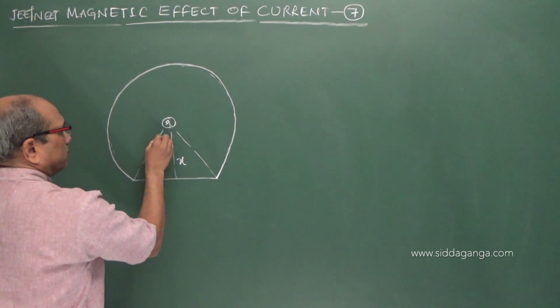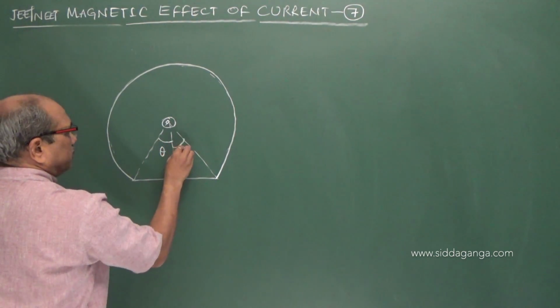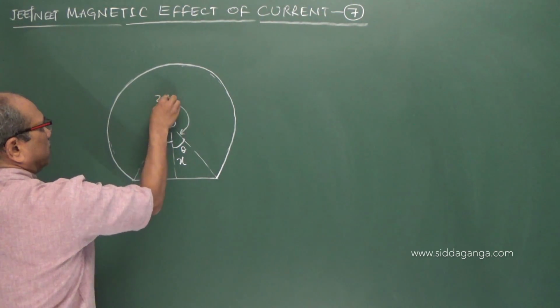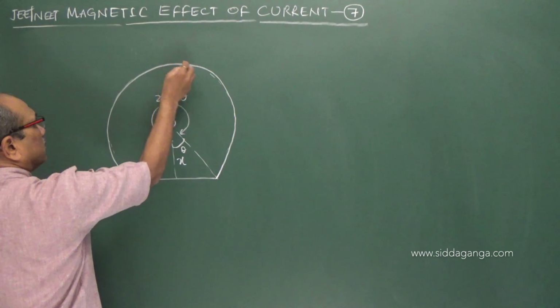This is x, this is theta and this also theta. The outer angle is 2 pi minus theta.